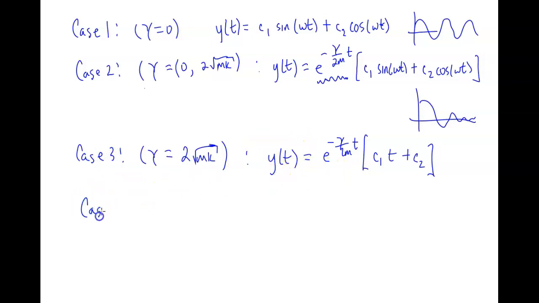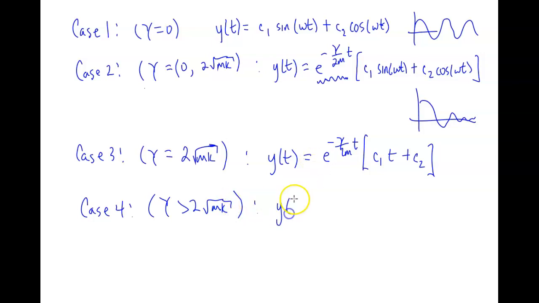Now case 4 is a case where everything is purely exponential. We know that our damping coefficient is going to be greater than 2 times the square root of the product of mass times spring constant.